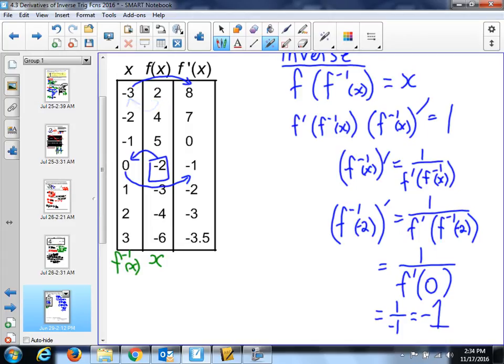With this set of values, could I have done inverse of 3? No, we have an x equals 3 for the regular function, but when you look at it from the inverse's perspective, you couldn't do 3 with this set of values, right? So if you're given a set of values, that's how you go.